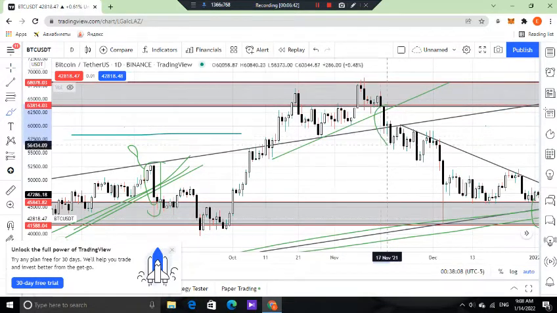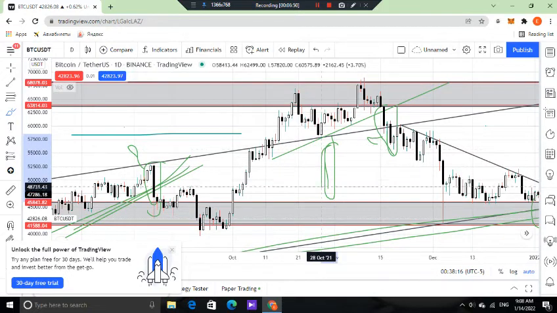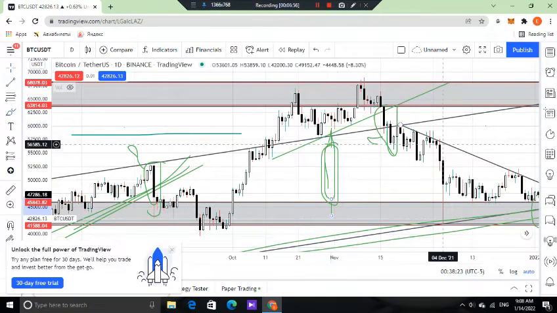When I say good follow throughs or a good breakout, I mean it has a big body while it has a small or no tail.